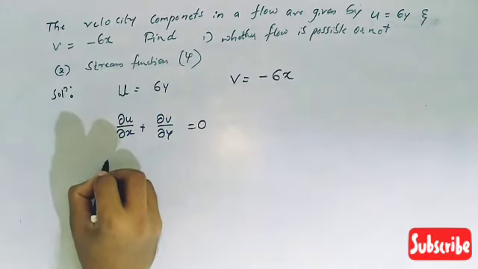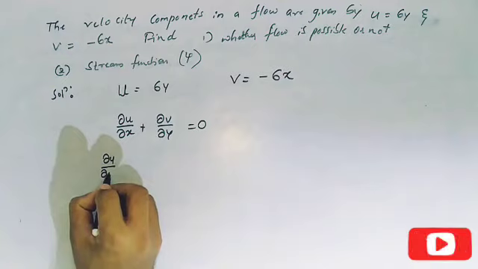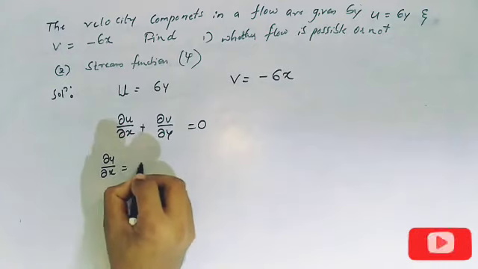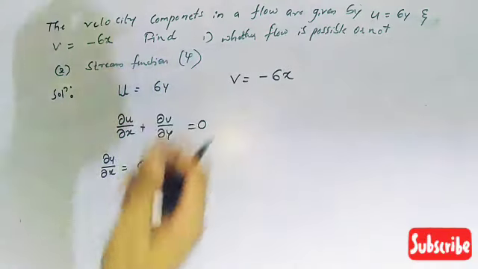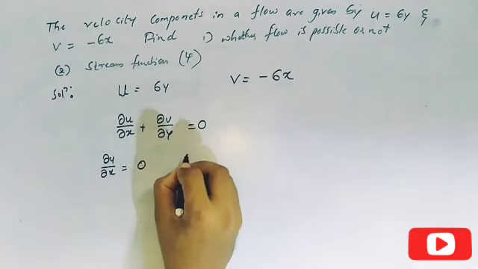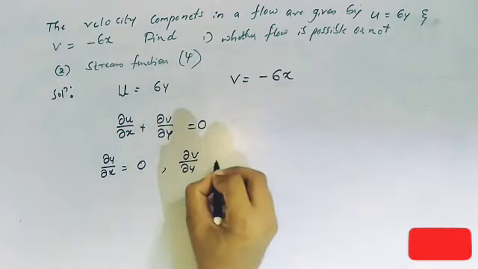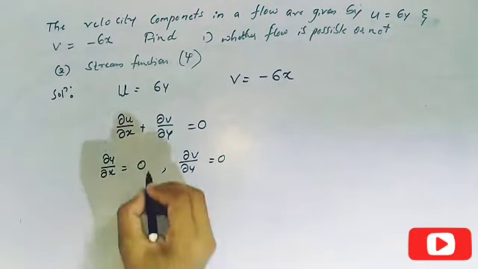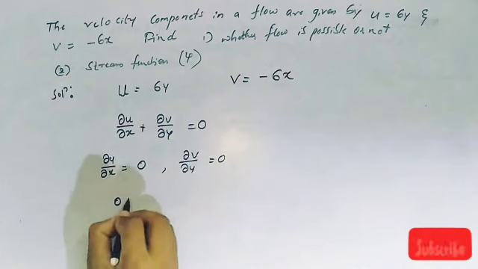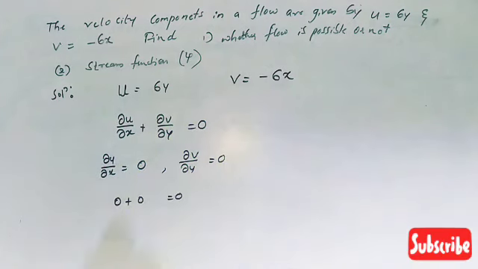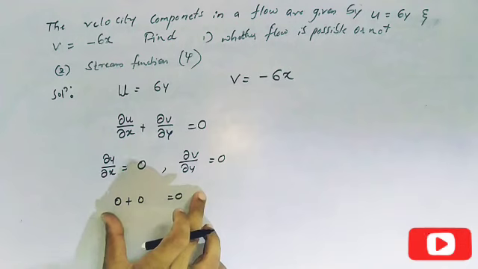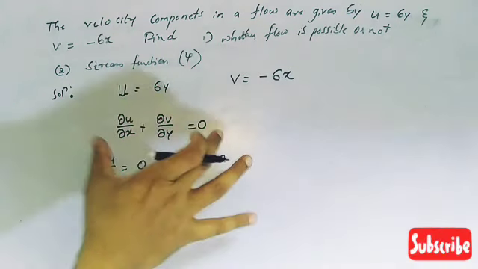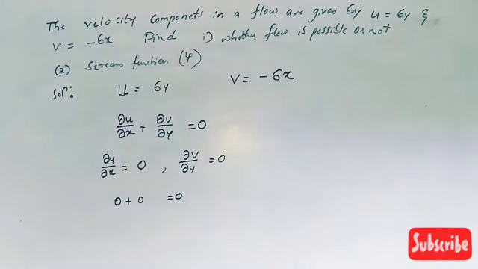Dou u by dou x will become 0 as there is no x term here, and similarly dou v by dou y will also become 0 as there is no y term here. Substituting in the continuity equation, it will be 0 plus 0, which is nothing but 0. So as it satisfies the continuity equation, the flow is possible.